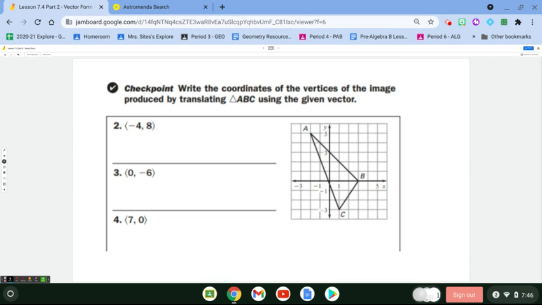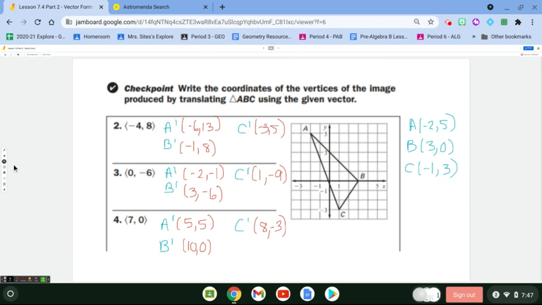All I want you to do right now is take a look at our pre-image, which has the coordinates of -2, 5 for A, 3, 0 for B, and -1, 3 for C. And I want you to take a look at the horizontal component and vertical component for 2, 3, and 4 and figure out, using the horizontal and vertical component of each one of these vectors, what would be A prime, B prime, and C prime for each one of these problems. So take some time right now and see if you can figure it out. All right, let's see if you got those correct.